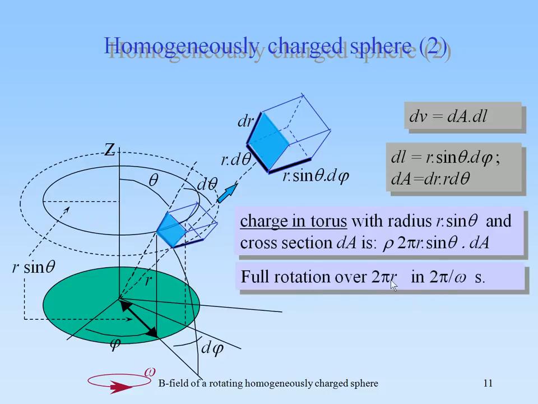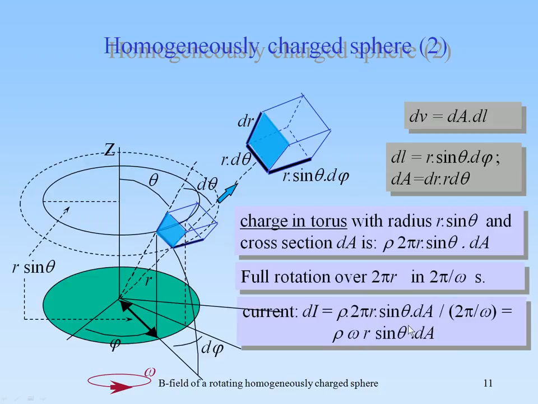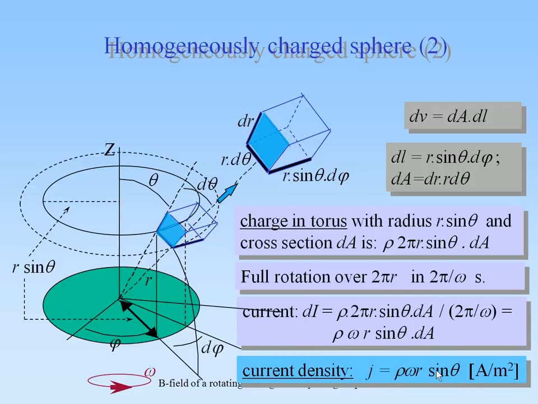We have a full rotation in 2π over omega, and this means that the current is rho times 2πr sine theta dA over 2π over omega, which is rho omega r sine theta dA. And the current density is rho omega r sine theta in amperes per square meter, going through that element.